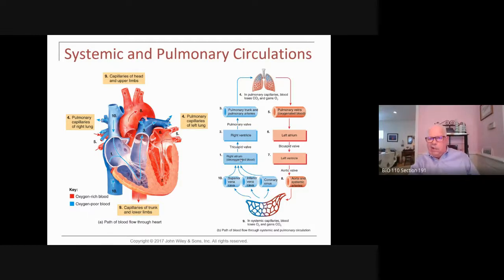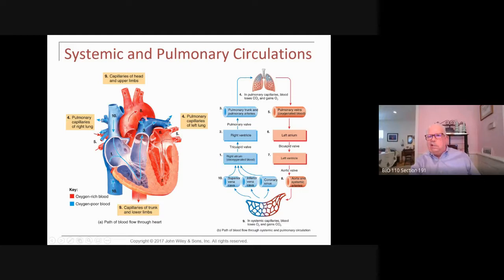The right atrium, through the tricuspid valve, puts blood into the right ventricle. The right ventricle pumps the blood through the pulmonary valve into the pulmonary trunk and arteries into the lungs. The right side of the heart is all deoxygenated blood.